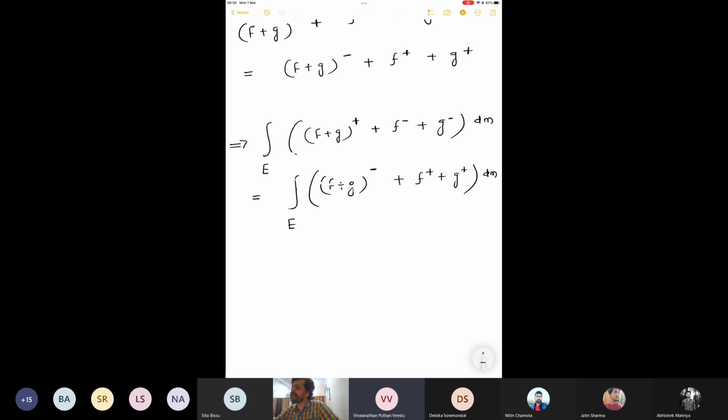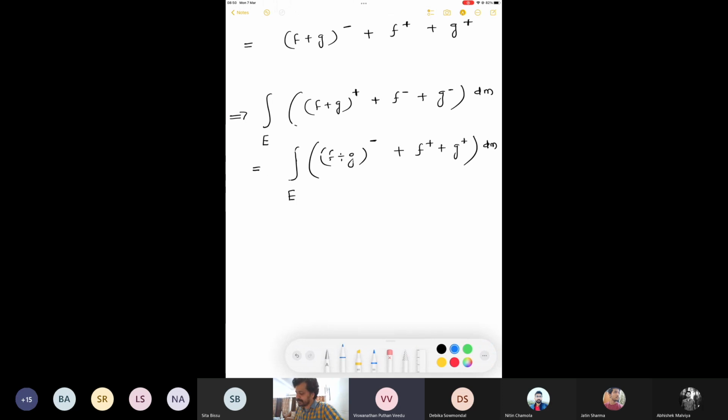But now you have non-negative functions on the left side and the right side, and linearity for non-negative functions you already proved.